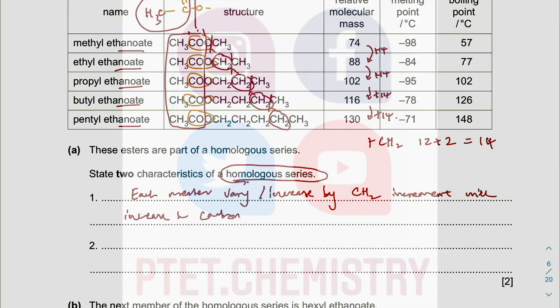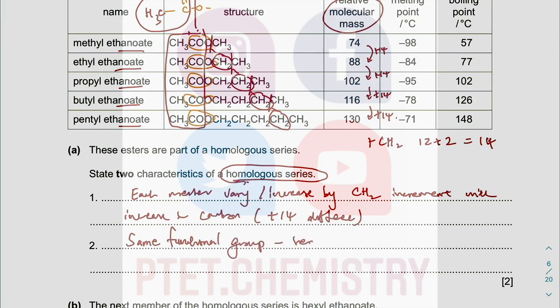That gives you a plus 14 difference in the relative molecular mass as stated there. Another thing you can notice right away is that they have the same functional group. We are talking about the ester homologous series here.